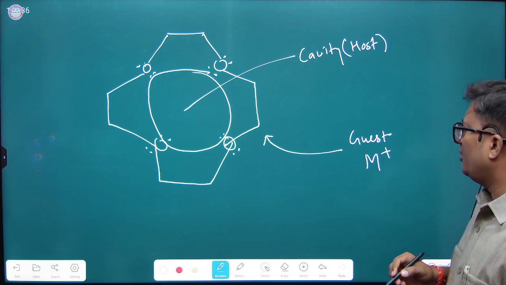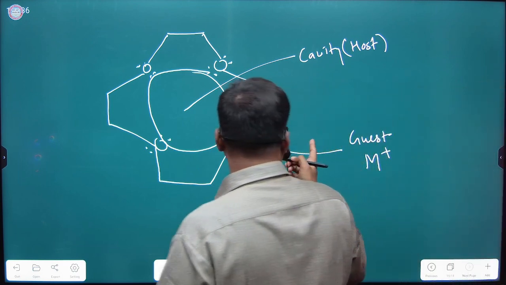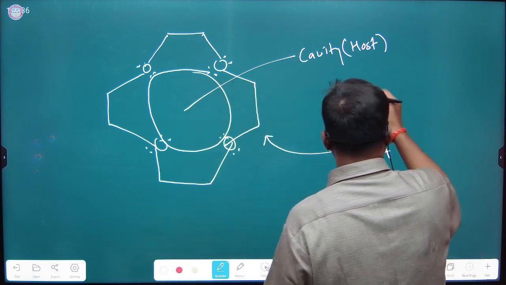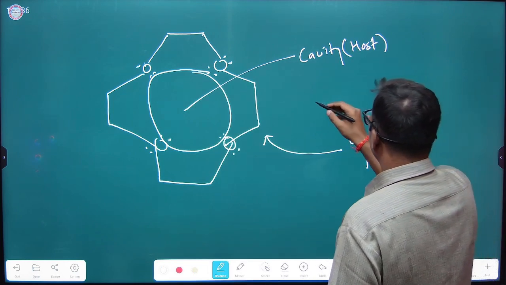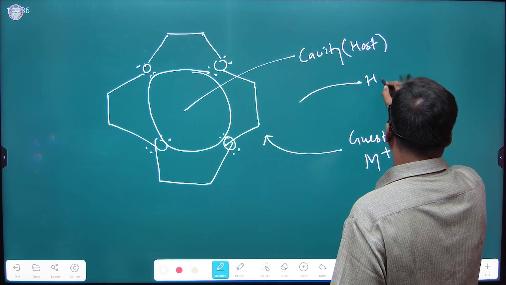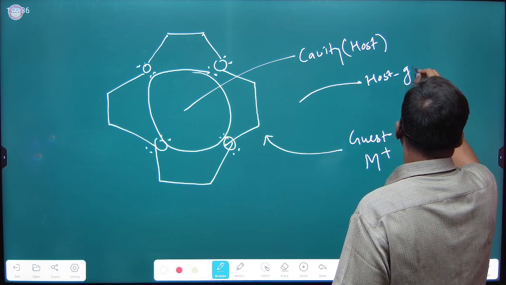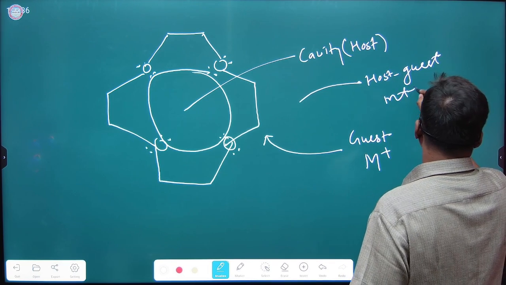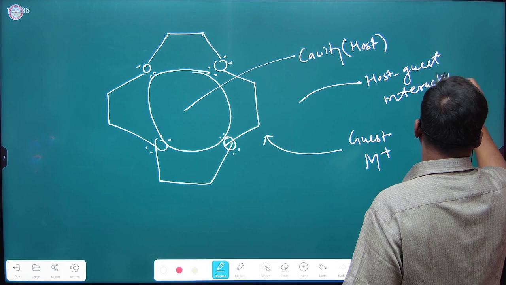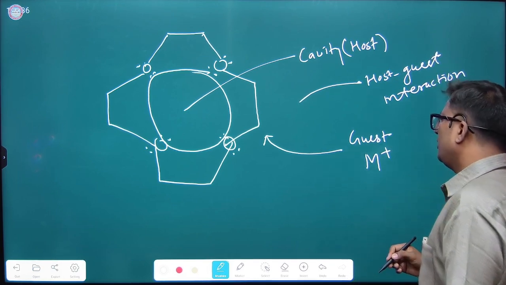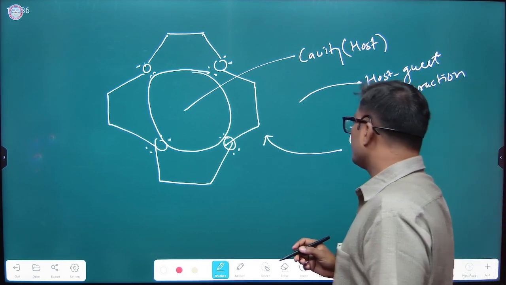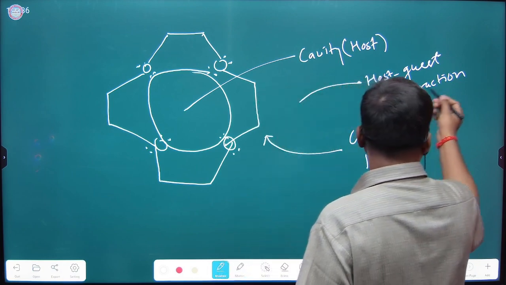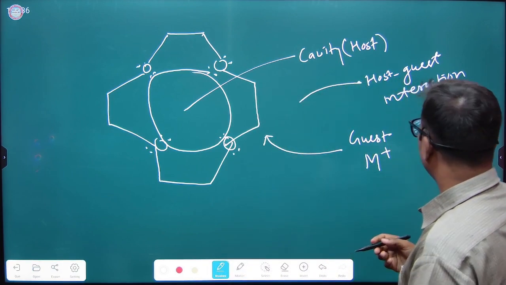So the chemistry involved here is host-guest interaction. In the crown ether ligand, there is a host-guest interaction, right?